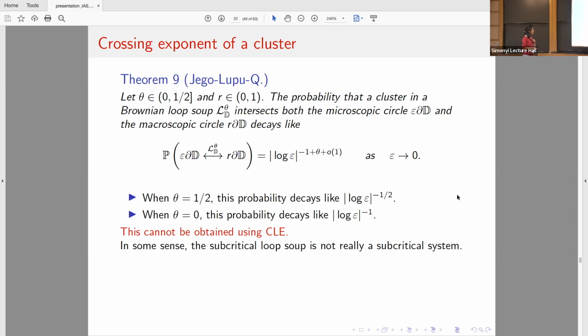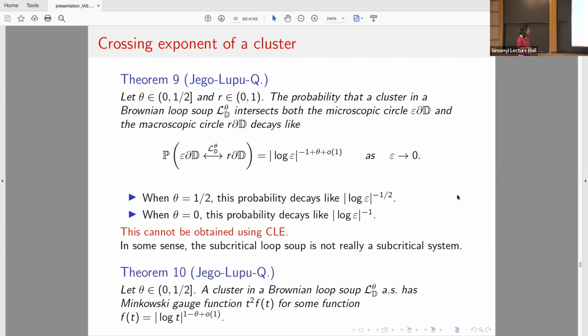Also, this probability always decays as some power of log. Unlike in percolation, where in a subcritical regime your decay rate is much faster, in this sense the subcritical loop soup is not really a subcritical system.